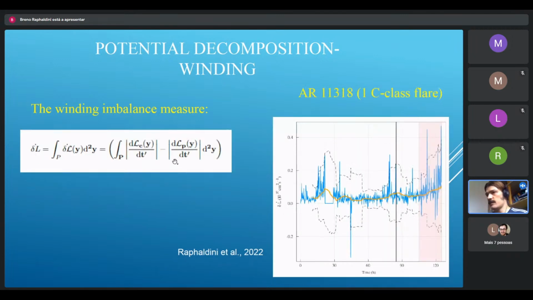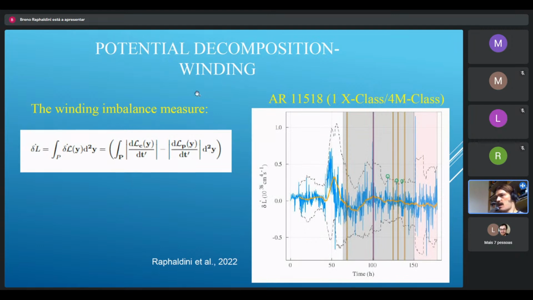When we calculated it for another active region that presents a very mild activity, only one C-class flare, we see that this quantity is actually positive. But we also see a bump of positive input of this quantity just before the flare here.